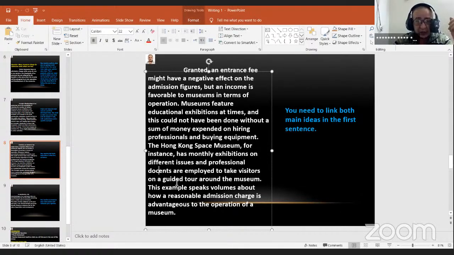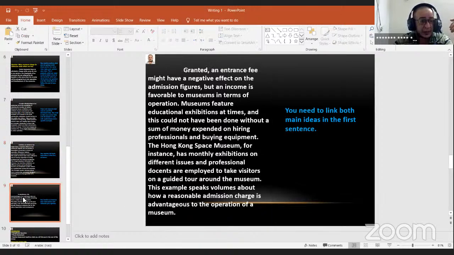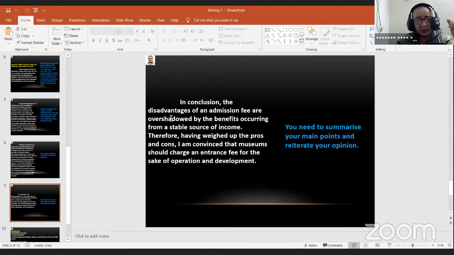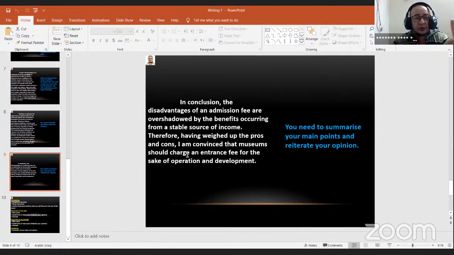Also, we have volumes here, reasonable, advantageous, and here in the last paragraph we have also overshadowed, occurring, weighed up, convinced. They all give high band word score. They are really important to increase your points.